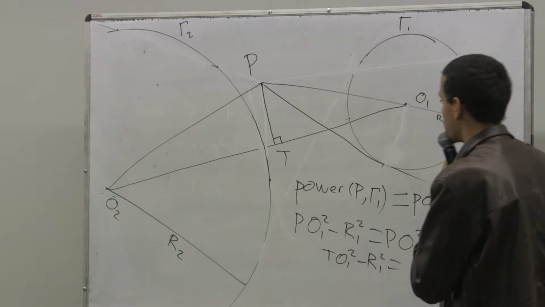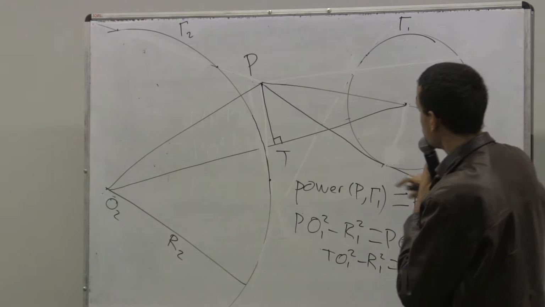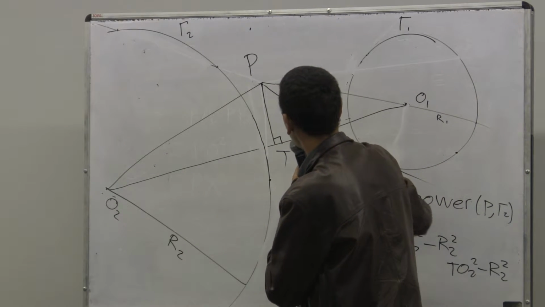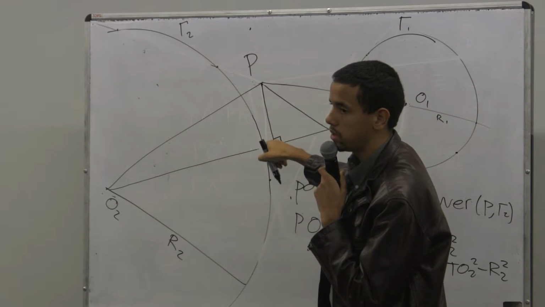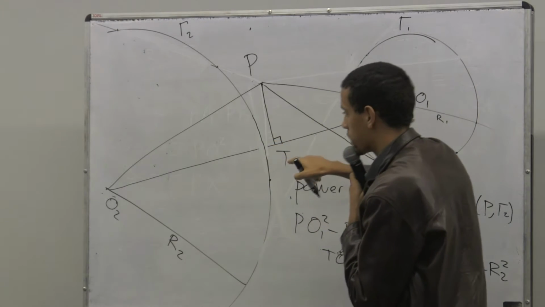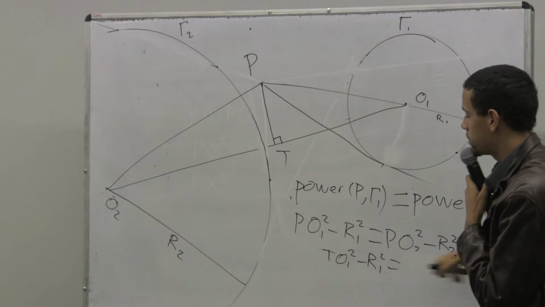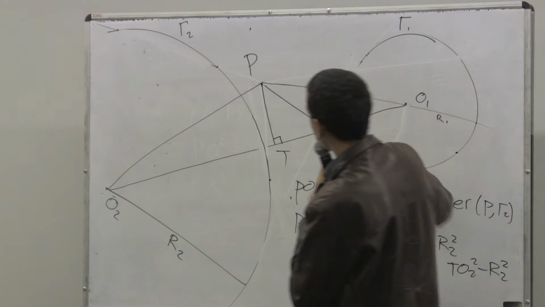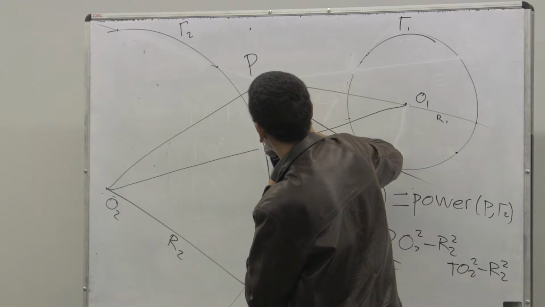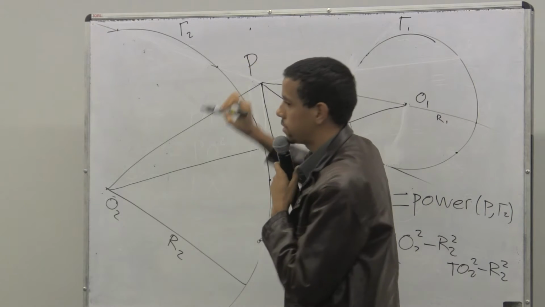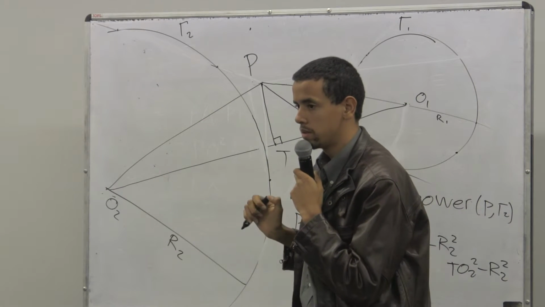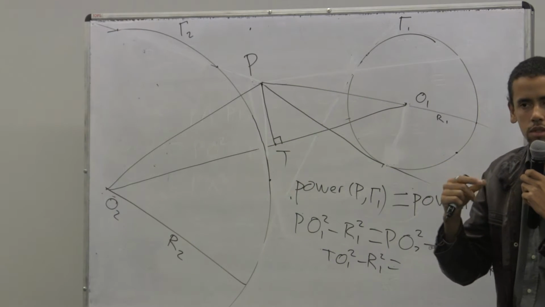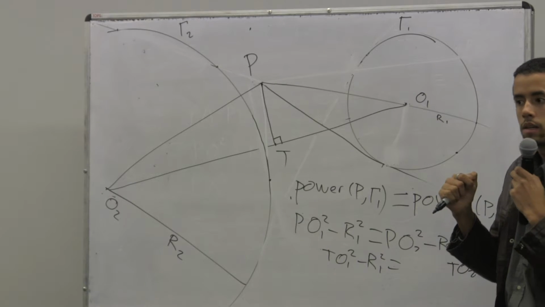What I'm saying is, if I choose a different point P, say over there or over there, and I drop it and I get the same point T, then this equation will still be satisfied. So I can take any point here and drop, and that point P will still satisfy this equation. So what does the set of points look like? A straight line.